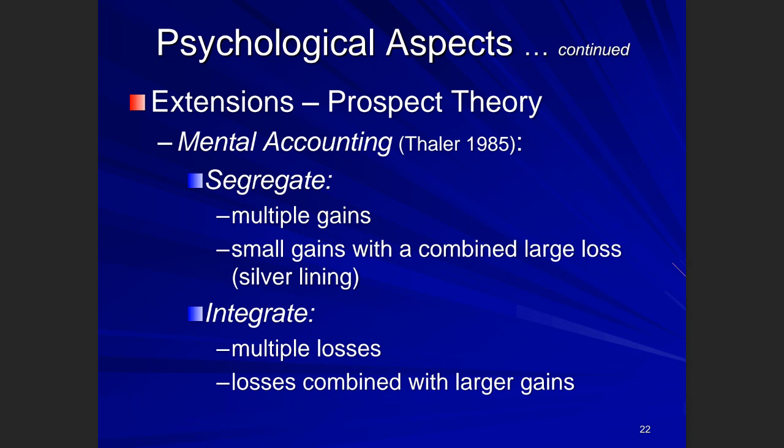Furthermore, if we compare a small gain with a large loss, how do we combine that? And here again, we want to segregate that small gain out of that bigger loss. In other words, take, for example, you walk into a store to buy a washing machine, and you know that the price is going to be $500. So then the marketer has a choice, right?